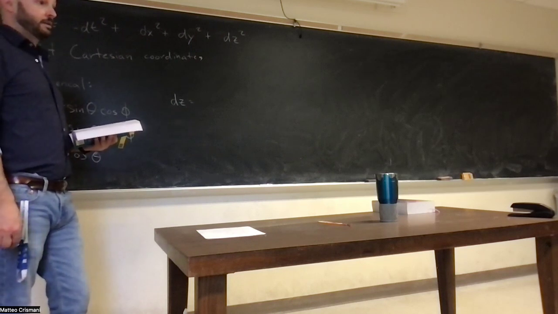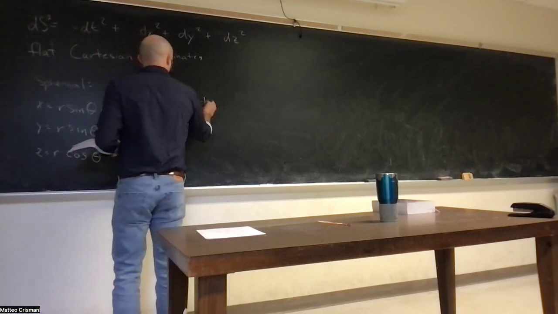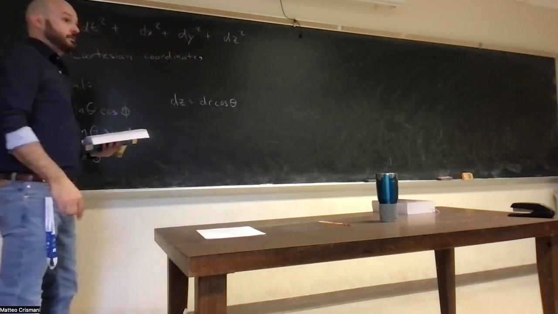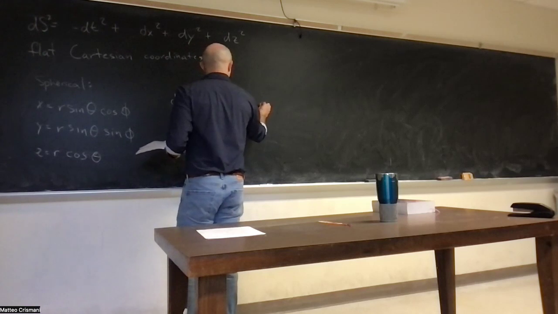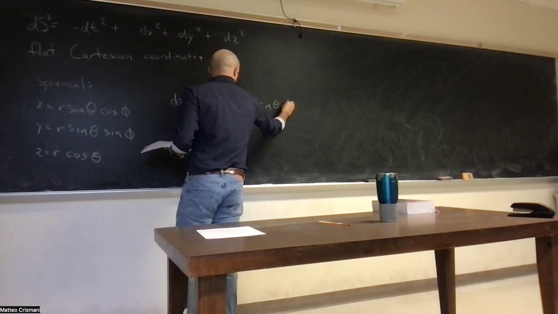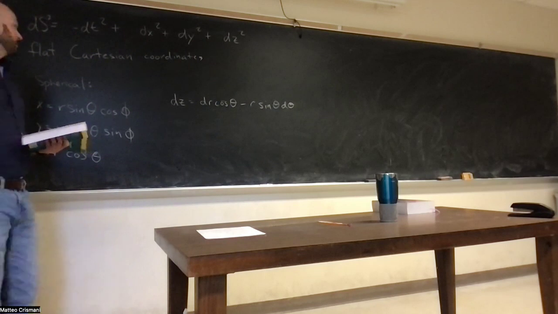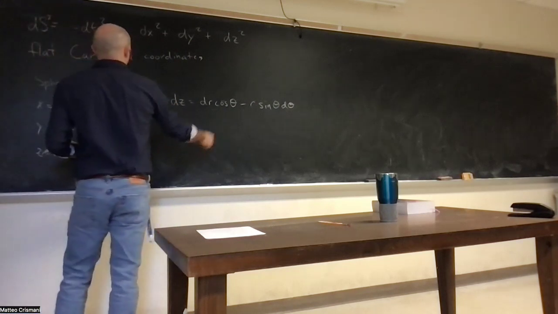So the first term would be dr cosine theta, very good. And the second term is? Minus r. Good. Sine theta. Yes. Okay, so that's not so hard to do, right? And you can do the same thing with these, but there's more terms. 3 as opposed to 2.